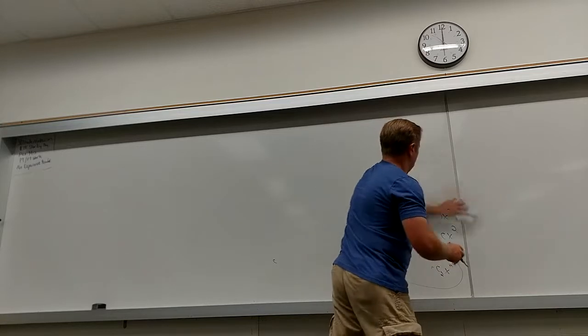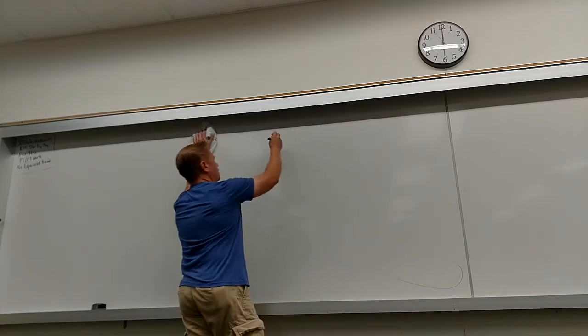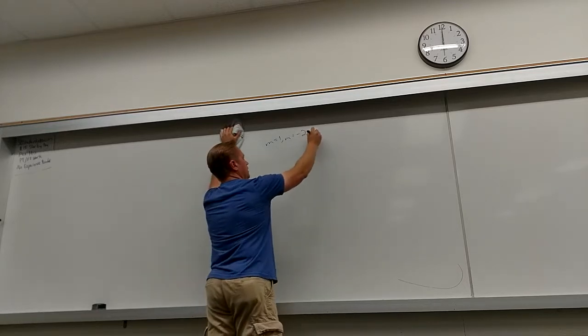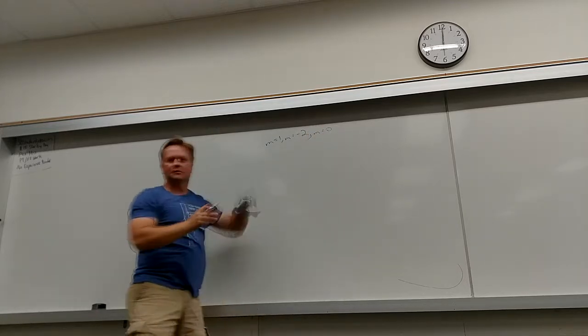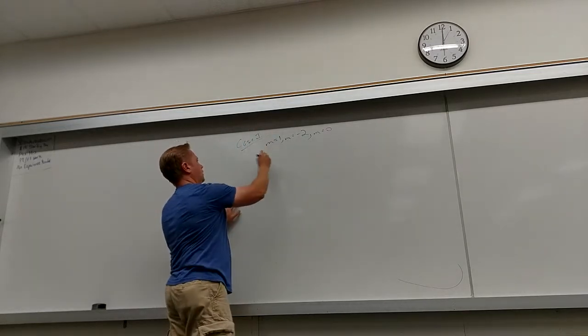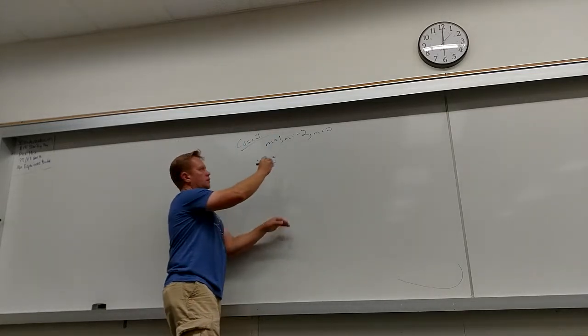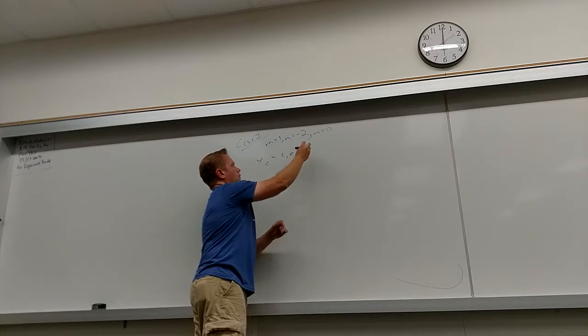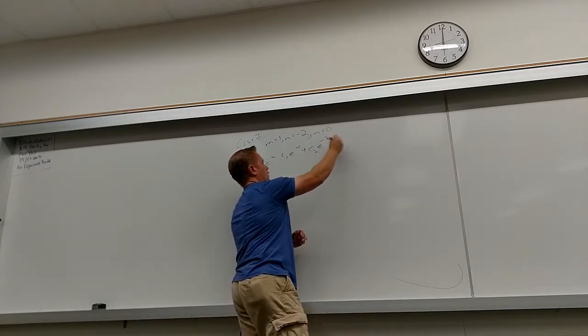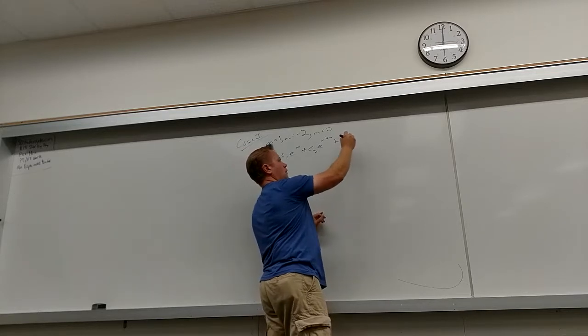Real, repeated, complex. If I got m equals 1, m equals negative 2, and m equals 0, what would yc be? C1 e to the x plus C2 e to the negative 2x plus C3. I like it.